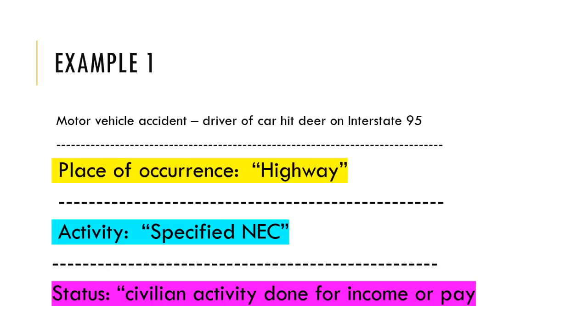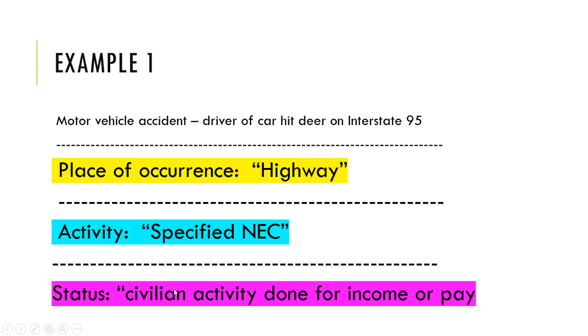Now, going back to our example number 1, which was the motor vehicle accident where the driver of the car hit a deer on Interstate 95. The place is the highway. The activity we said was driving, but driving is not listed under activity, so we have to go with specified, not elsewhere classified. And the status of this patient, let's say he was a civilian and he was doing something while on the job for income or pay.